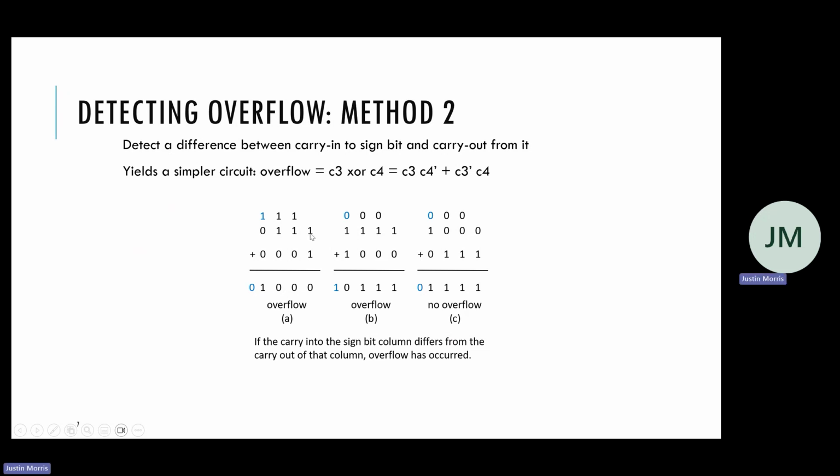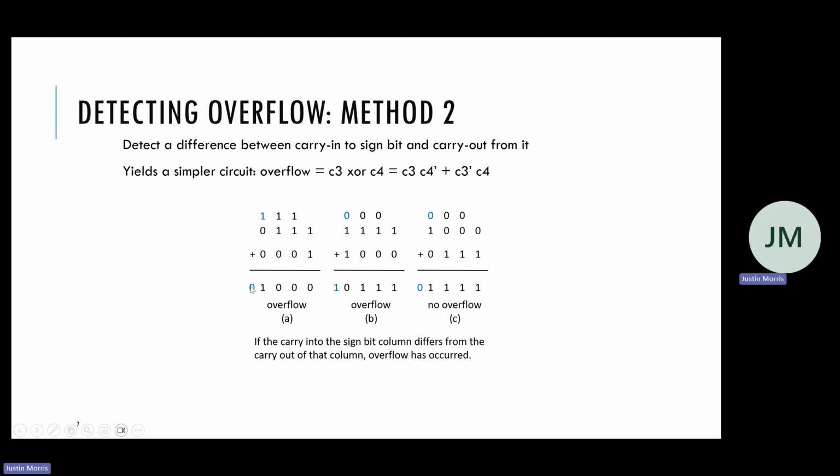So when we add these two numbers together, right? So 1 plus 1, 0, carry. 1 plus 1, 0, carry. 1 plus 1, 0, carry. This is my most significant carry, right? So this is C3. And then 1 plus 0 gives me 1.